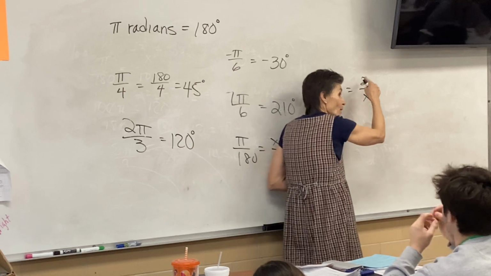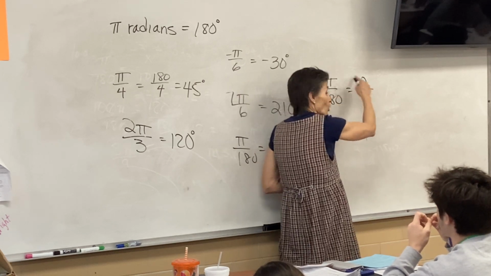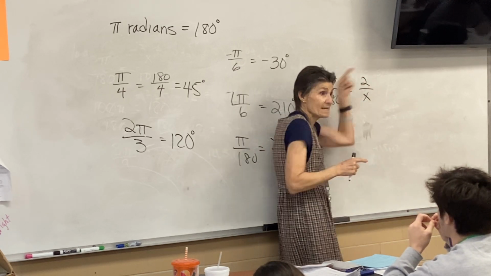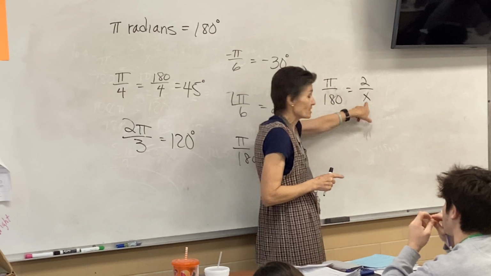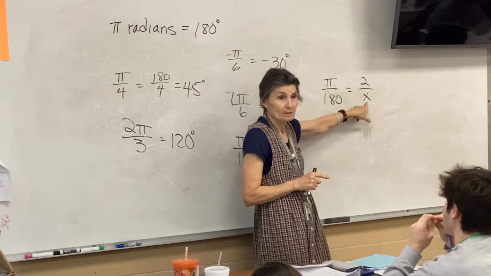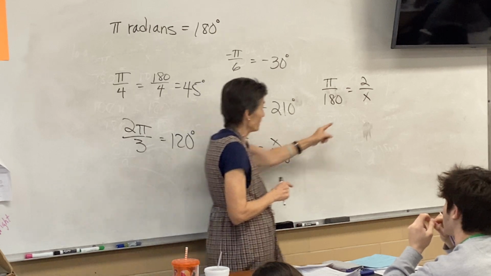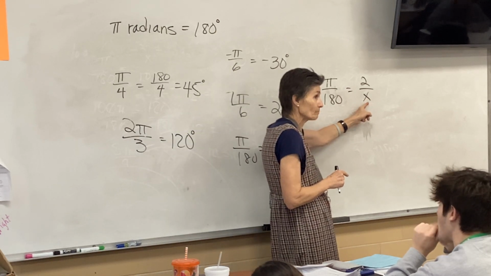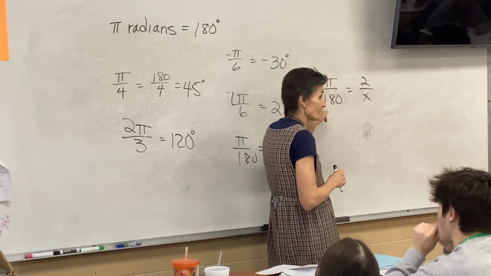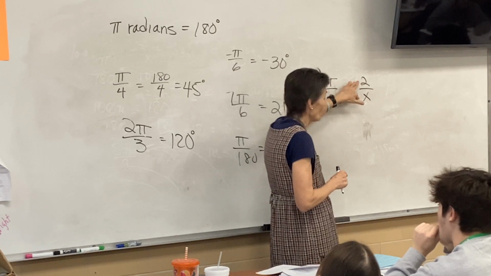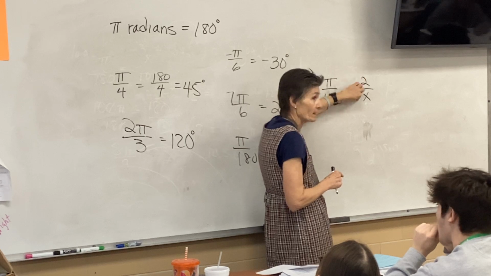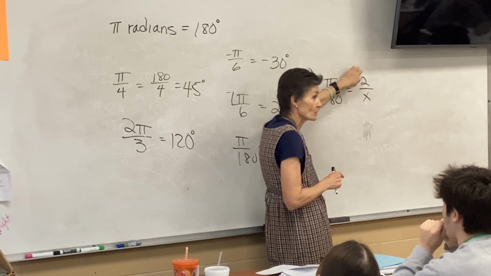That's 2 radians, so it has to go on the top where the radian number goes. This is the degree number. So do you see the difference? Why the x is on top here, but it's on the bottom here? This is radians, this is degrees. So whichever one you're given, that's where you put it. So this is 2 radians, so it goes on top.